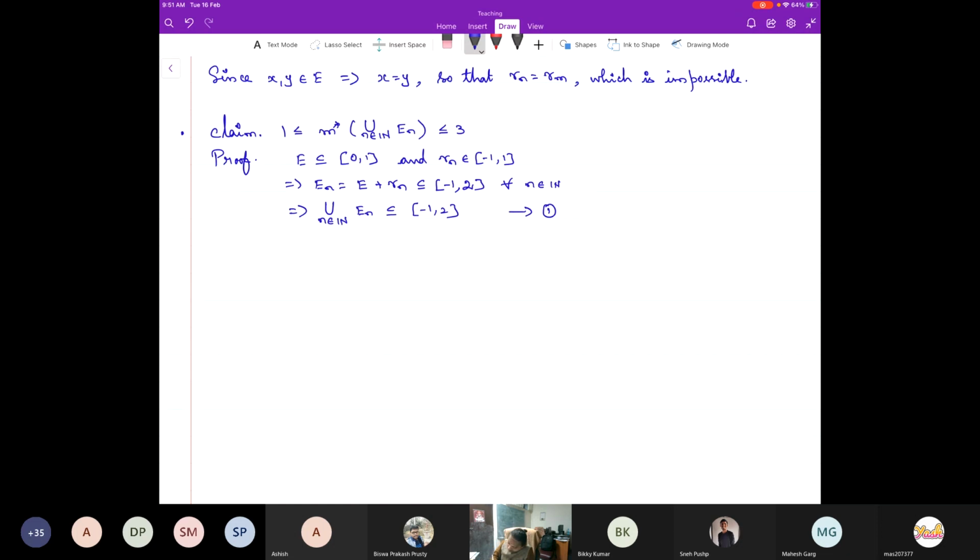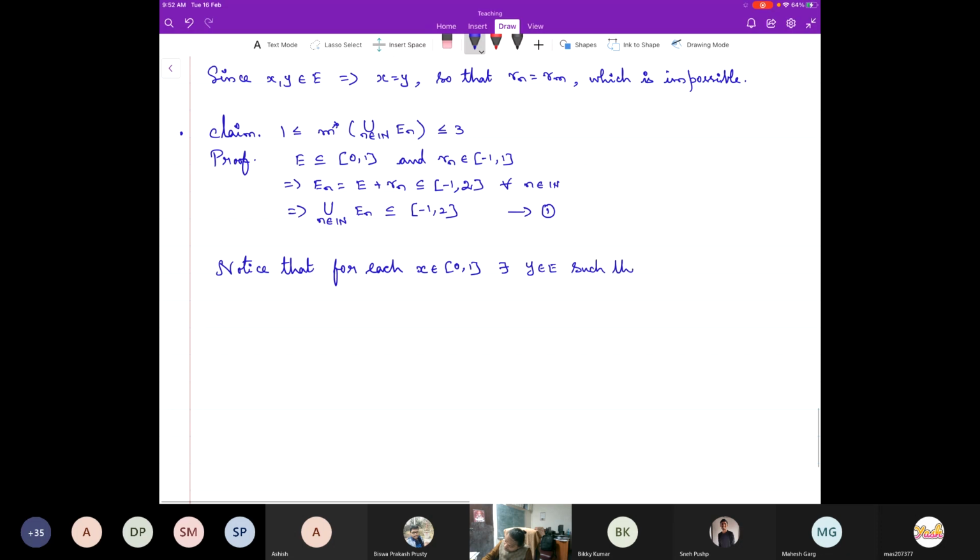On the other hand, notice that for each x in [0, 1], there exists y in E such that x is related to y. That is how we have defined. Well, sometimes this x can be same as y.